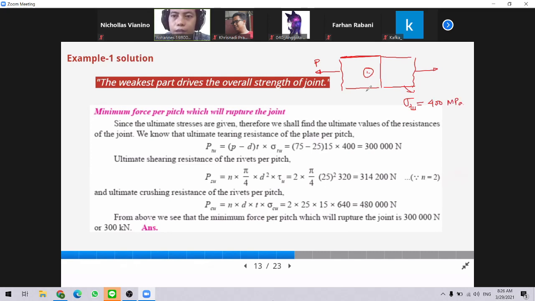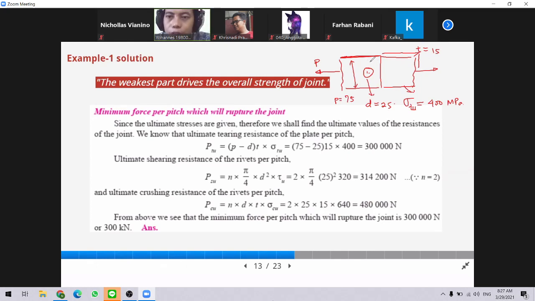And here the diameter of the rivet is 25. Okay. And the pitch distance is 75 millimeters. And the thickness here we have 15 millimeters.